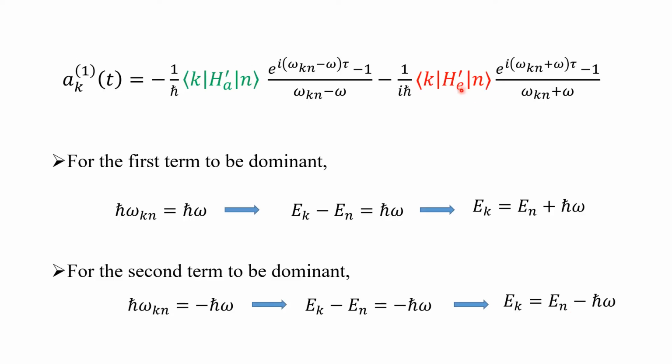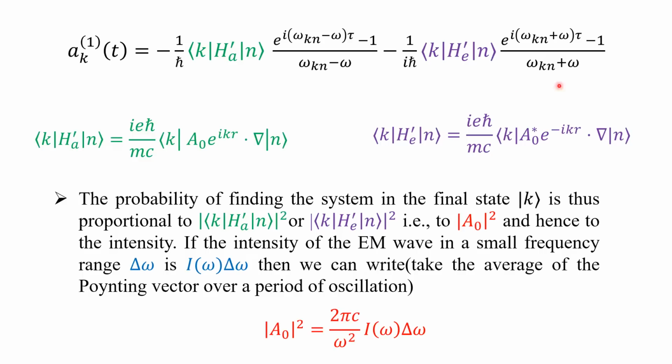So if this is justified, the first term is the absorption process, and the second one is the emission process. We end up with this expression, and you have to keep in mind this green-colored term, that is, bra k, H prime, A, ket n, is equal to i e ħ over mc, k A_0 e^(i k·r) del, ket n.